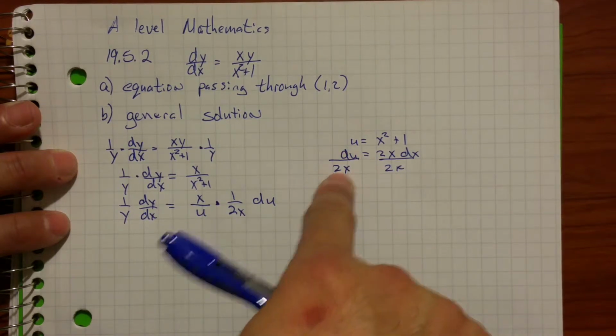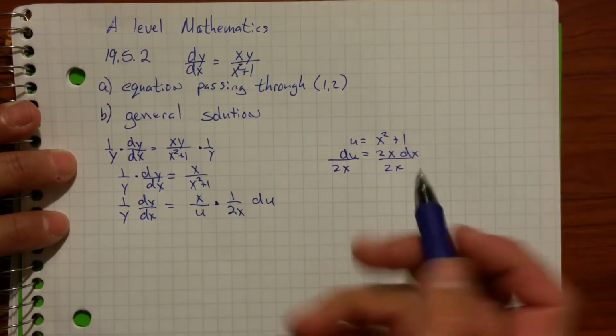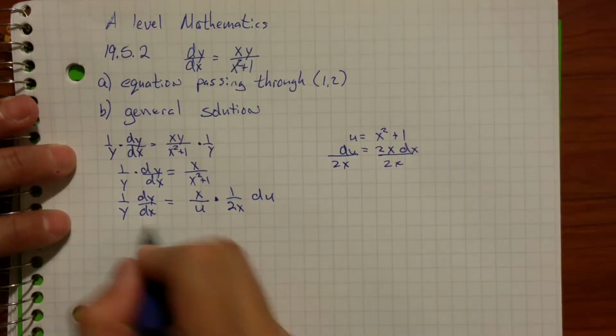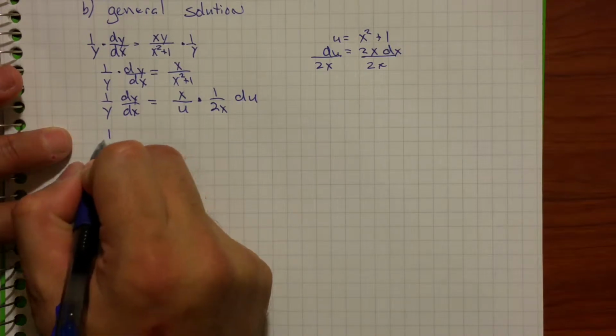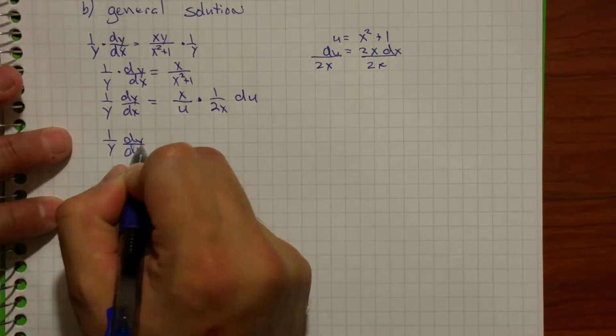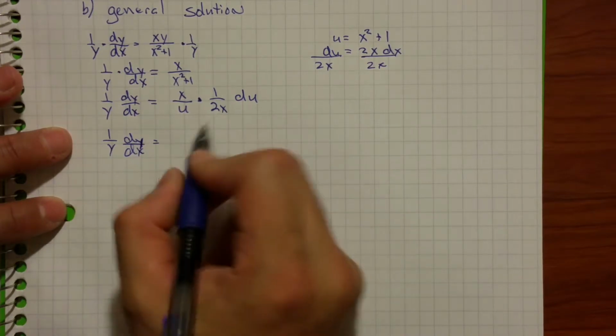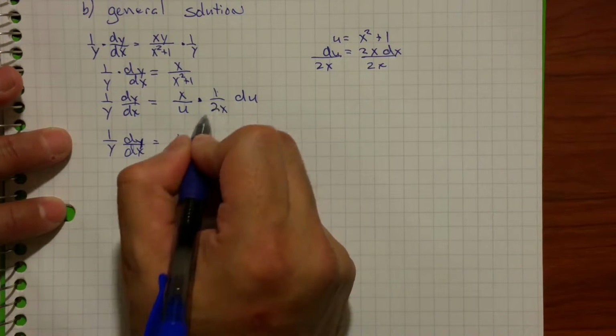So I did this one right here, and that's going to replace what I have here. Now my x's are going to cancel out. So let's rewrite it again. I have 1 over y dy/dx is equal to, those cancel, I'm going to get 1/2. So that's my 1/2 here.